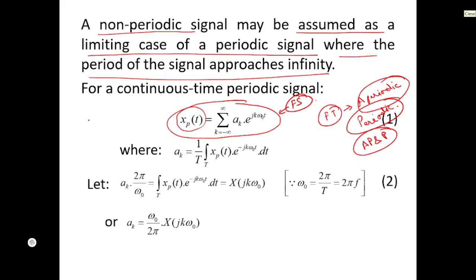So what does it say? Say for example, we take a sinusoidal signal like this. This is the time period, capital T, and after this capital T, it repeats itself.